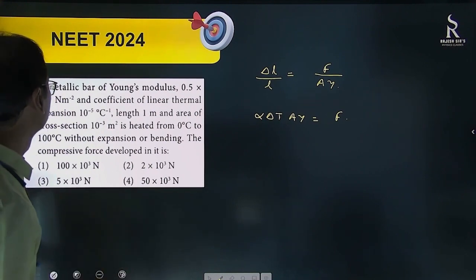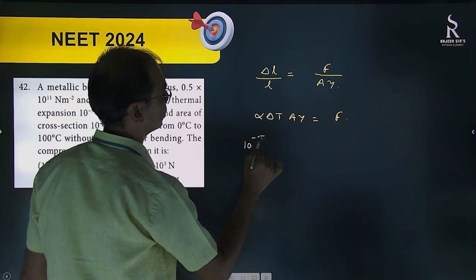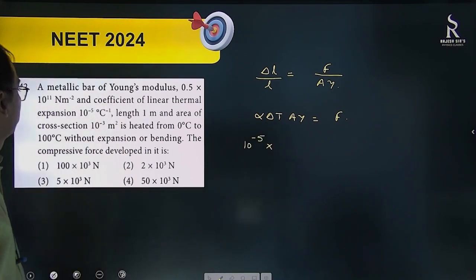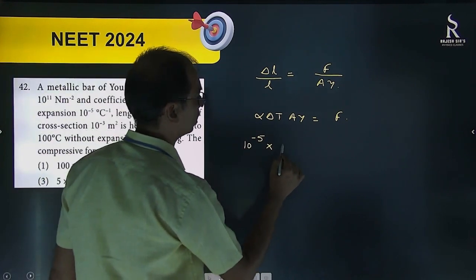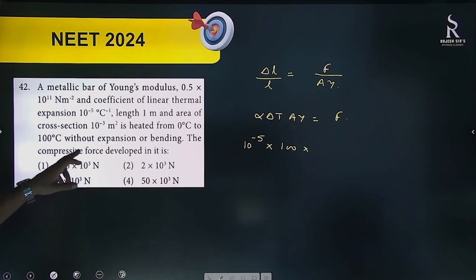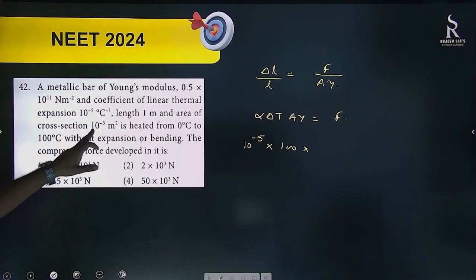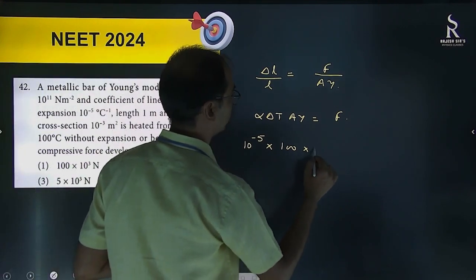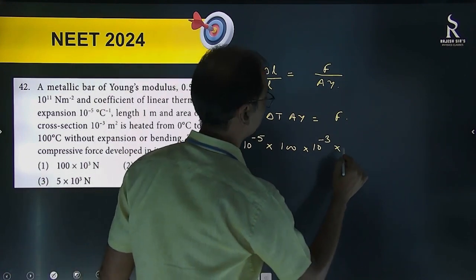So just the formula we have to remember and we can place the values. Alpha is 10 to the power minus 5. Delta T is 100, 0 degree centigrade to 100 degree centigrade. Area of cross section is 10 to the power minus 3. Young's modulus is 5 into 10 to the power 10.